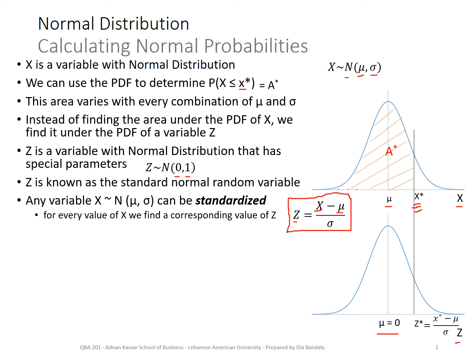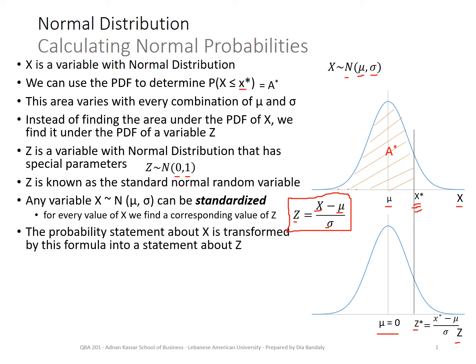Okay, mu and sigma are known. So for any value I'm interested in x, I can find its corresponding value z. So look at this. Z star corresponds to x star, which means what? Which means now I can convert my probability statement that I did on the top in terms of x, right? P of x less or equal than x star. I can show that in terms of z.